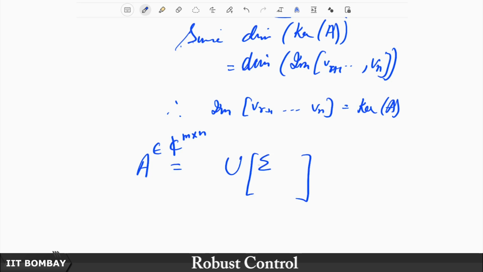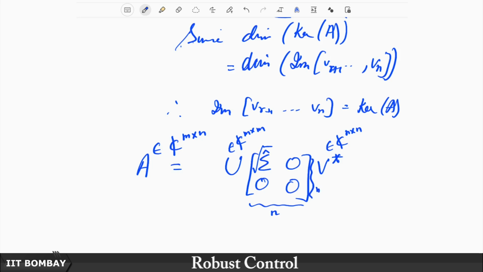let's say maybe I call it the square root of sigma hat, and then the 0 0 0 and V Hermitian, right. Where of course U came from the space of M cross M complex matrices, V belongs to the space of N cross N complex matrices, and this obviously has N columns and M rows.